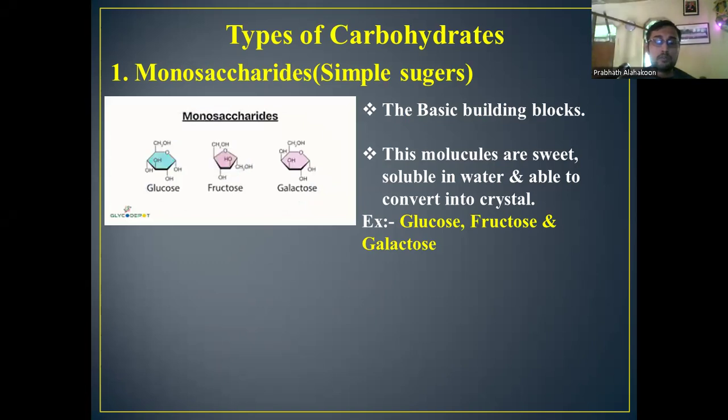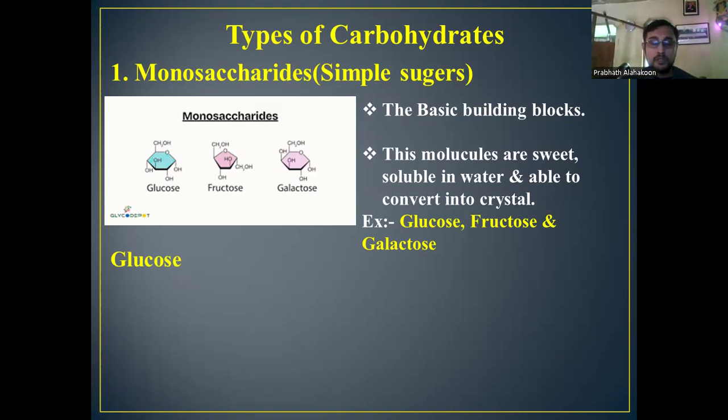Can you see the first picture to identify the types of monosaccharides? Okay, now we discuss the examples one by one in more detail.